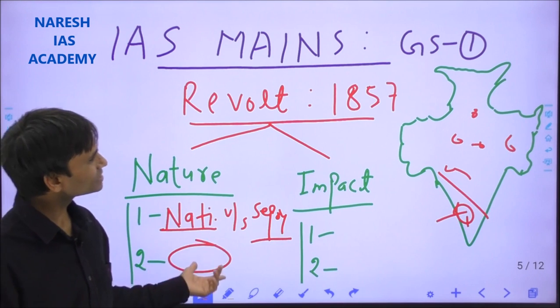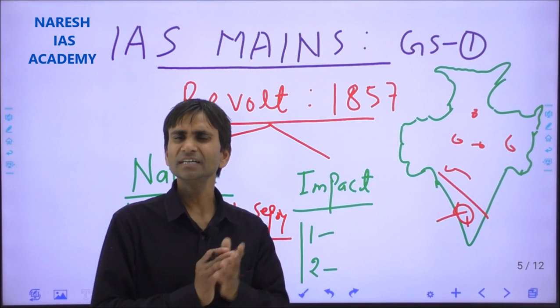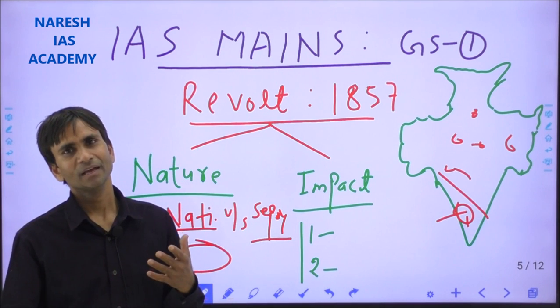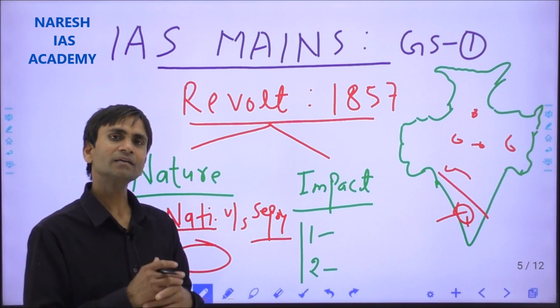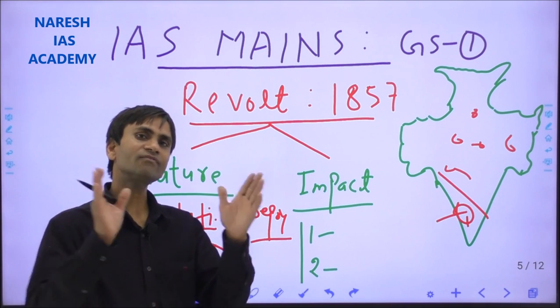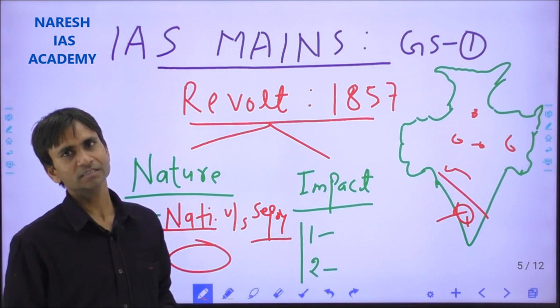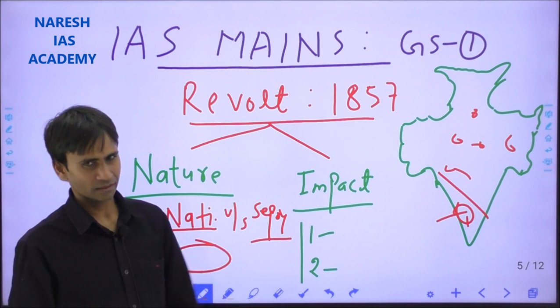And not nationalist, because at that time there was no concept of nationalism. He is saying the concept of nationalism and national aspects arose after the establishment of the Indian National Congress in 1885, and this was not a freedom struggle.